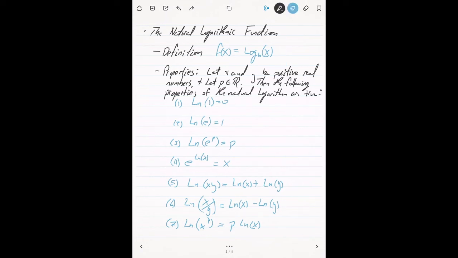Now, what we have for the natural logarithm is where we have a very specific b value. Rather than saying we have log base b of x, I'm going to change b, and I'm going to set it to be the constant e. When the constant e is your base value of a logarithm, you have the natural logarithm.